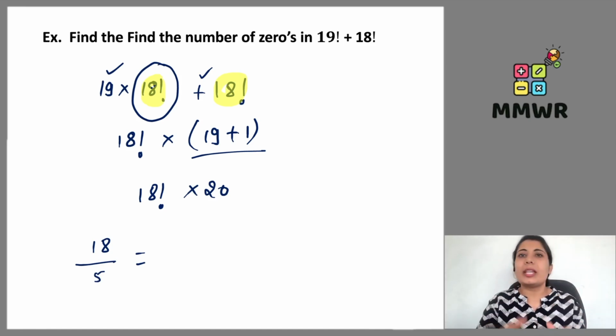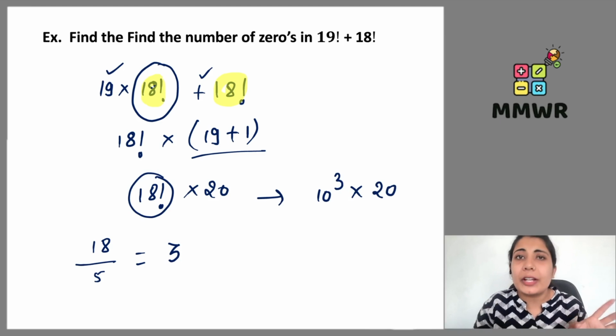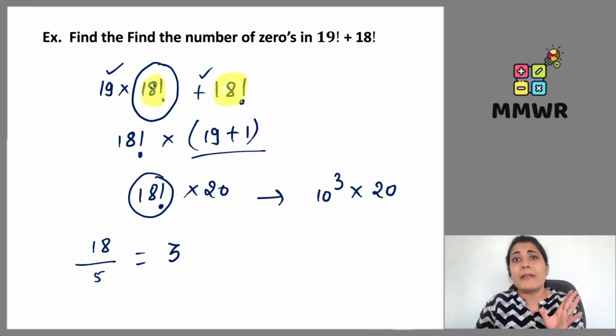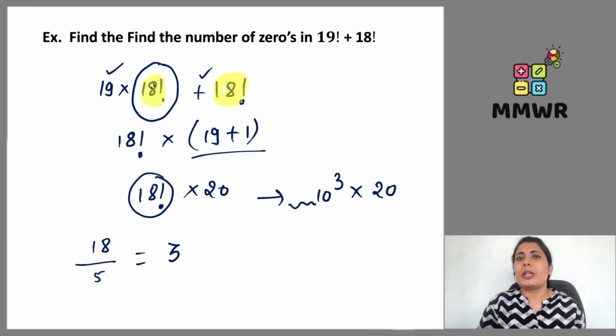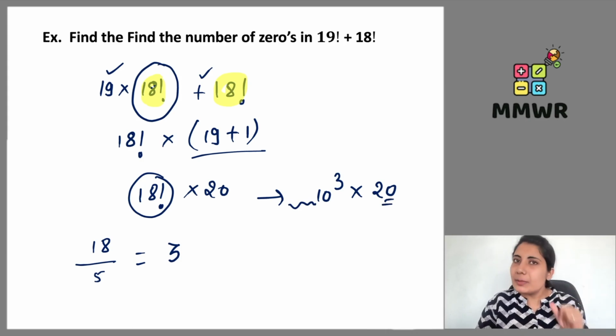We will be directly checking how many 5's are there. तो पेयर भी उतने ही बनेंगे जितने 5 और 2 का कॉम्बिनेशन है, तो 2 तो बहुत ज्यादा क्वांटिटी में है, that is why we will check only for 5. So how many 5's are there? 5 3's are 15. That means from here we will have 10 to the power 3 और उसमें 20 का मल्टीप्लाई करेंगे. I am not saying that by simplifying 18 factorial I will get 10 to the power 3. It will have some number here, but in the end there are 3 zeros, और 1 zero तो ये 20 भी देगा.